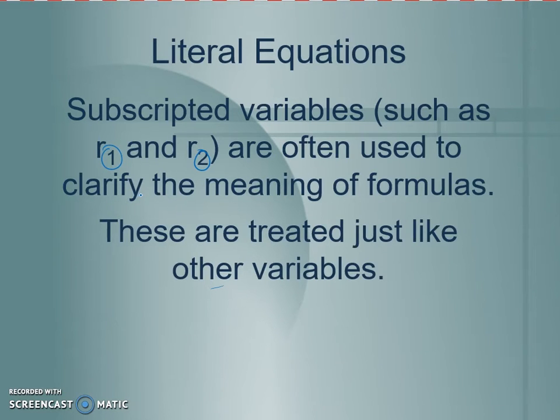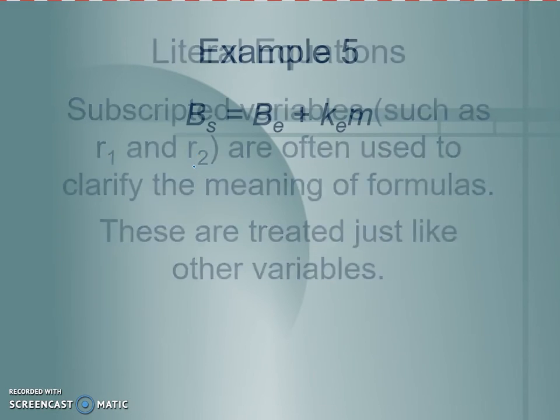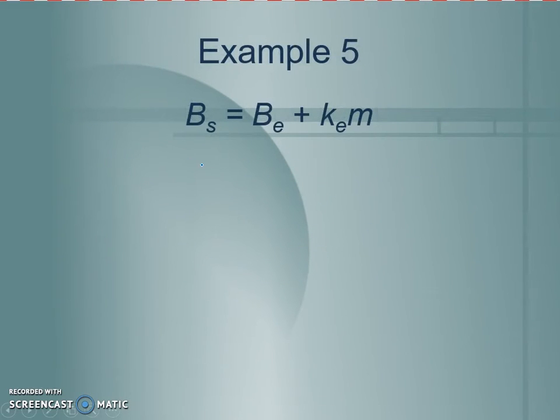So these are treated just like other variables. It doesn't assign any value to it other than it's the first one we're talking about in the problem and the second one we're talking about in the problem. So if we look at example 5, it says the boiling point of an ethanol solution, B of S, rises as sugar is added according to the formula B of S is equal to B of E plus KE M, where B of E is the boiling point of pure ethanol.